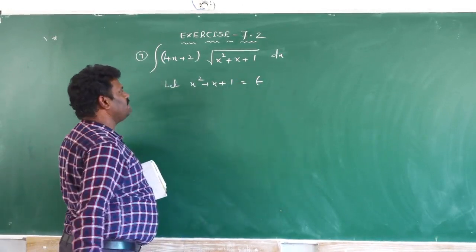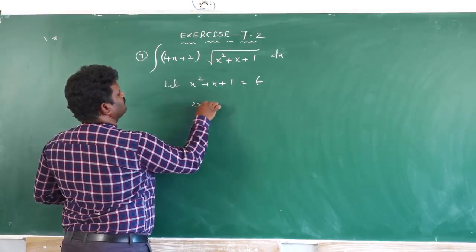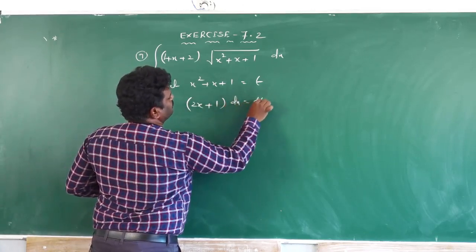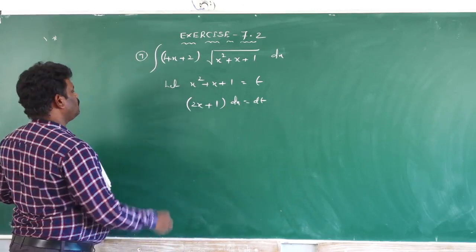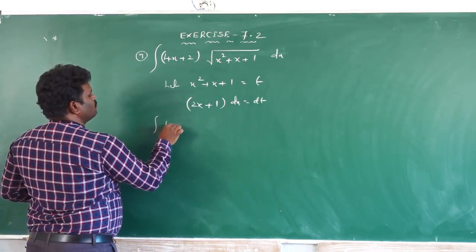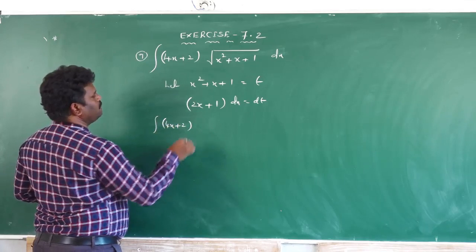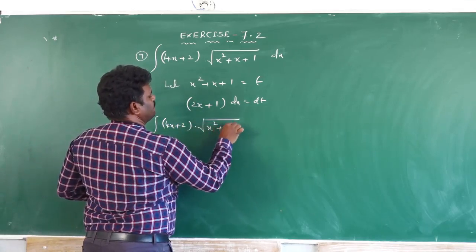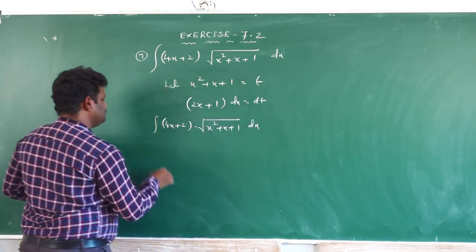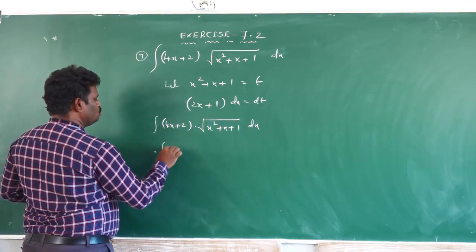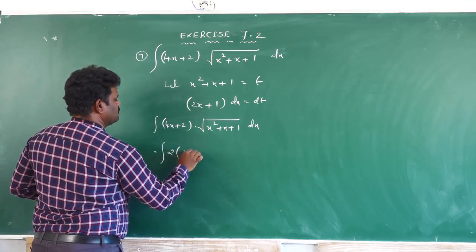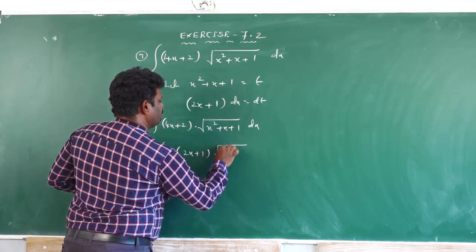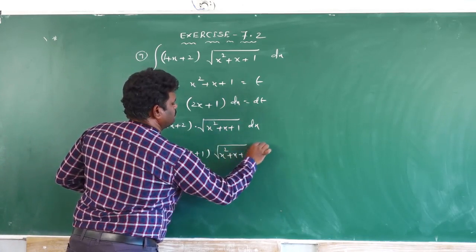Then the derivative: x square gives 2x, x gives 1, and 1 gives 0, so we get dt. Now substituting in the integral, we take 2 common, so it is 2 times the integral of (2x plus 1) into square root of x square plus x plus 1 dx.